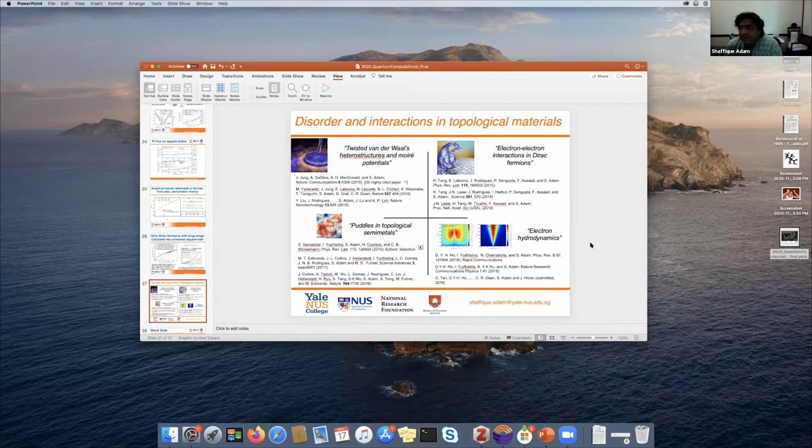The Hubbard U could be thought of as the Coulomb interaction, and you divide by the size of the Moiré cell. It's the overlap of these Moiré wave functions, but then you have to divide by the number of atoms in the cell. So when these Moiré potentials are getting very, very large, you're getting a larger overlap relative to the number of atoms that you have to begin with.